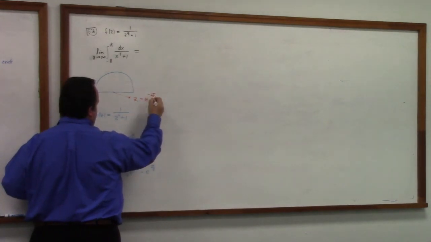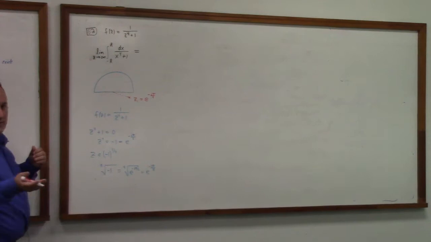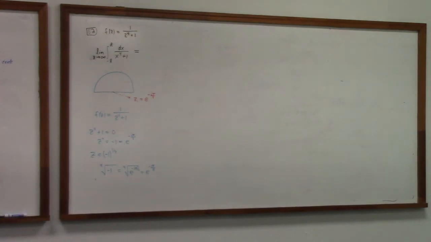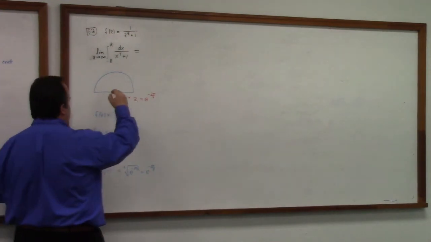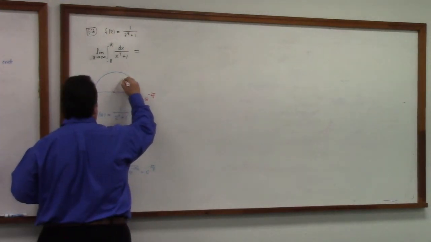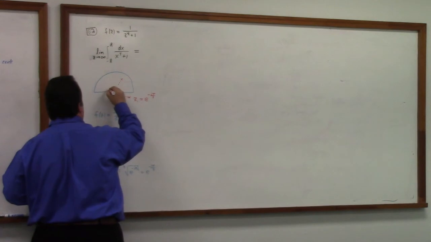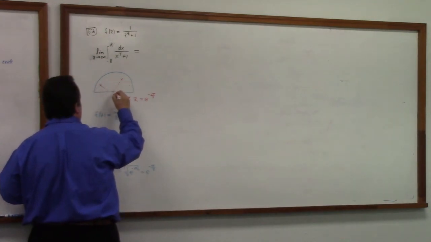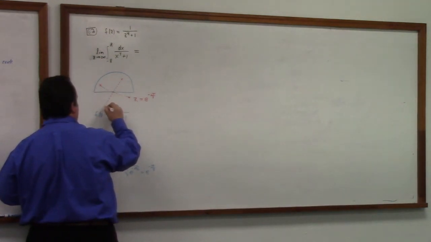That's my first singularity. And then we're looking at fourth roots, right? So we can just take that and rotate by 90 degrees to find the next one. So the next one's up here, and then there's another one over here, and then there's another one down here.